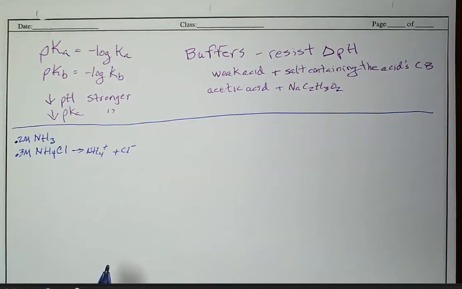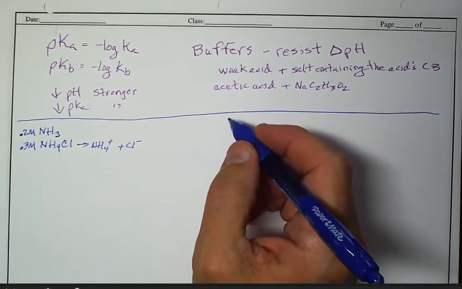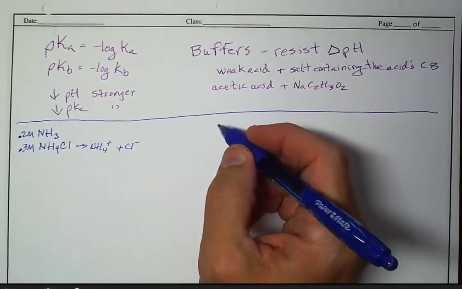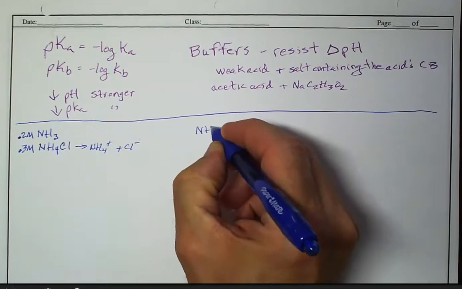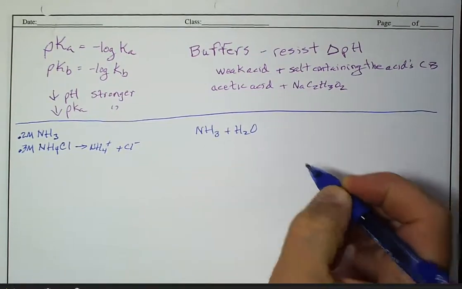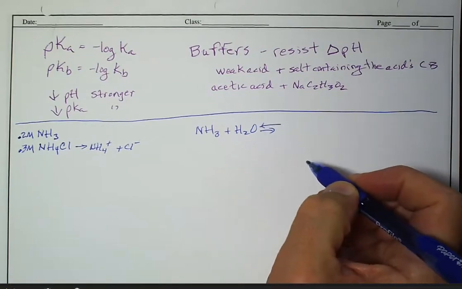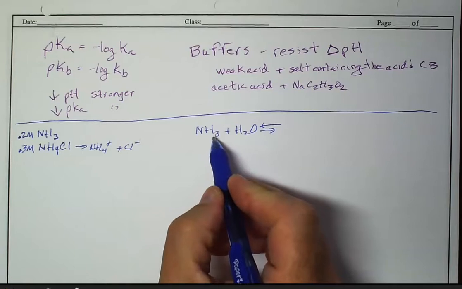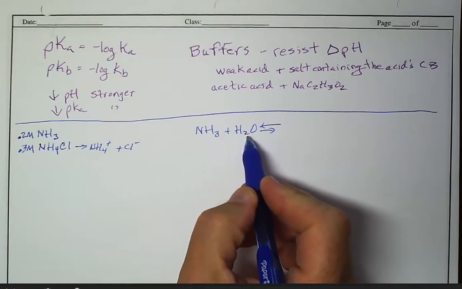Now I want to add a step to this just to reinforce something we've already seen. So first thing I'm going to do is let's look at what ammonia does when it reacts with water. Now, the ammonia is going to accept a proton from water.